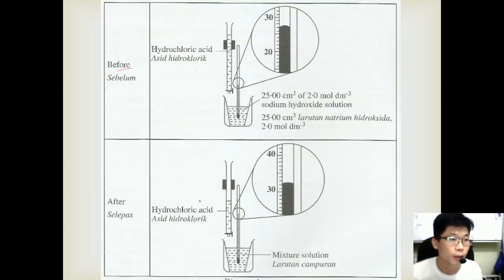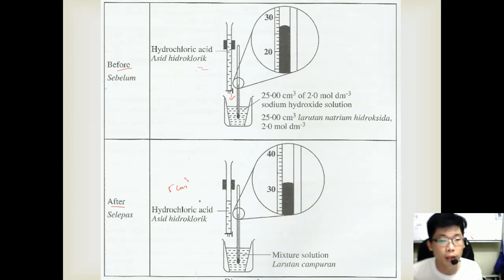So this is before. So we can look into the thermometer reading. Okay, before the hydrochloric acid is added into the sodium hydroxide. So this is after addition of the 5 cubic centimeter of hydrochloric acid. So the temperature reading is here.